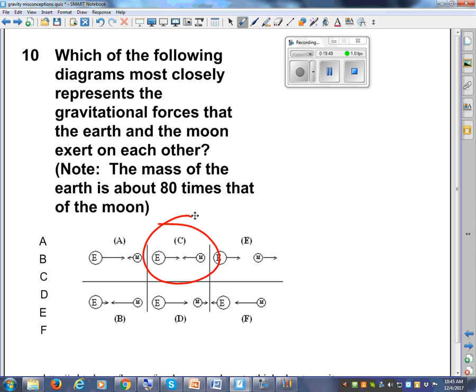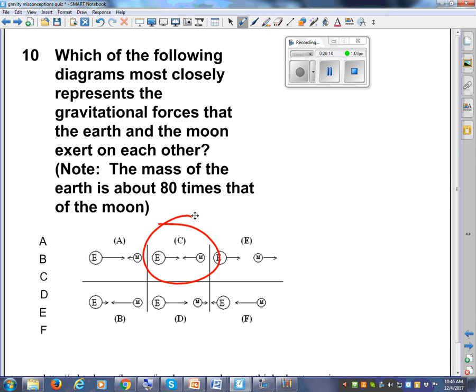If they're equal and opposite, how come the Earth doesn't rotate or orbit the Moon? Well, because the Moon is small, right? So the same amount of force, but there are different accelerations. Bigger mass means small accelerations.